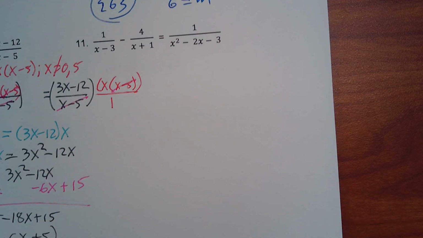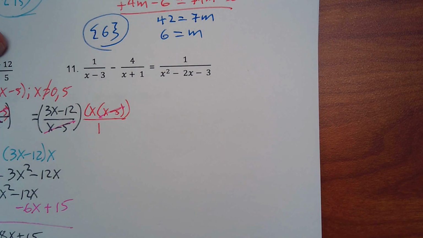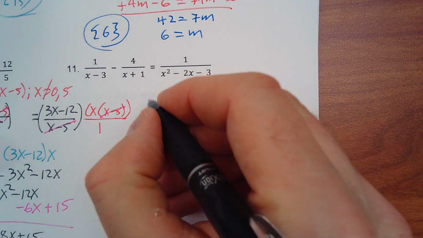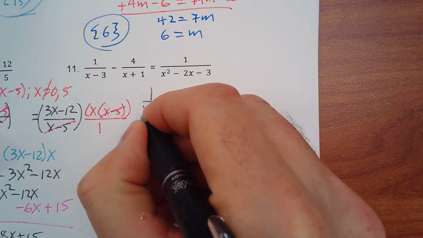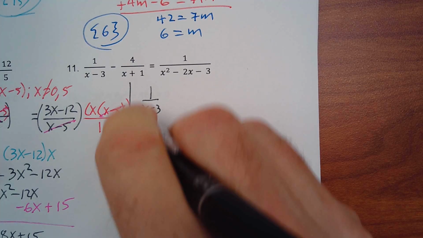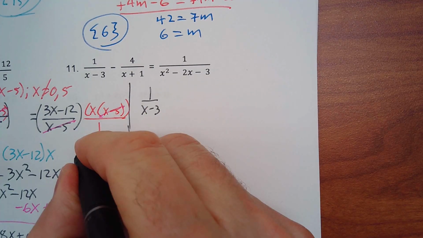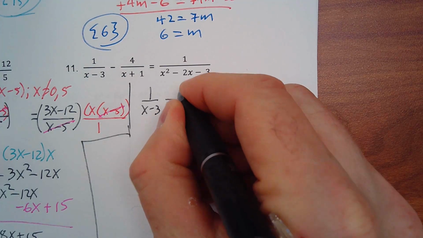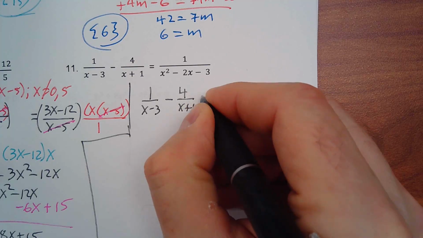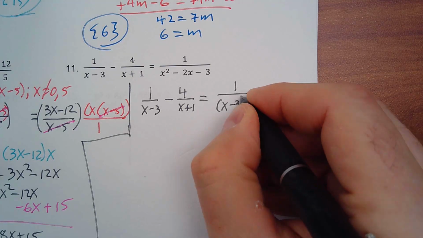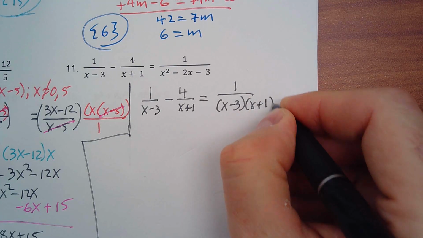Let's try the next one. And if we take a moment and take a look, this does factor to that. So that's 1 over x minus 3 minus 4 over x plus 1 equals 1 over x minus 3 times x plus 1.